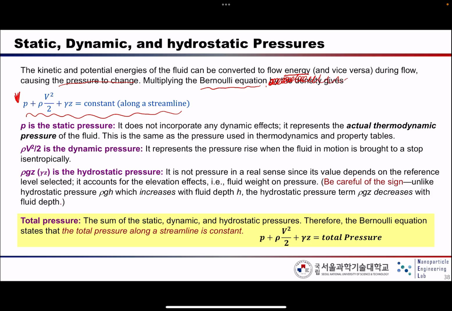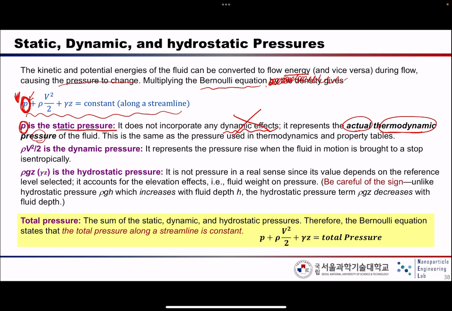Here P represents the static pressure. So this one we call the static pressure. Basically it does not incorporate any dynamic effect. It represents the actual thermodynamic pressure of the fluid.